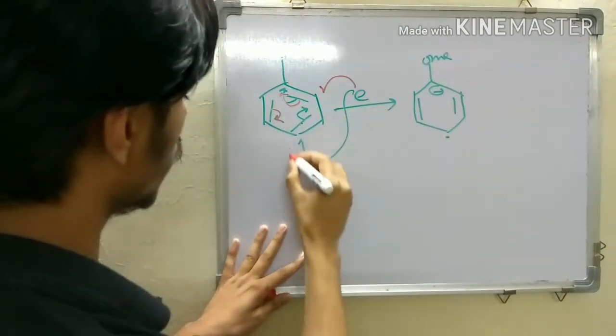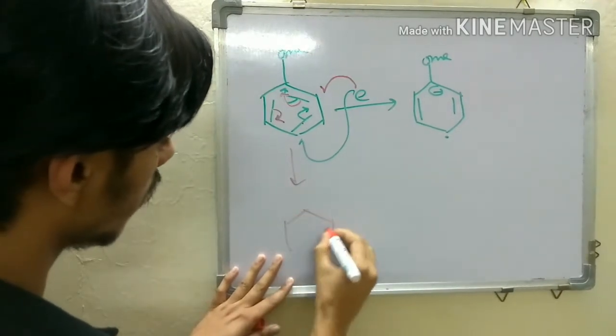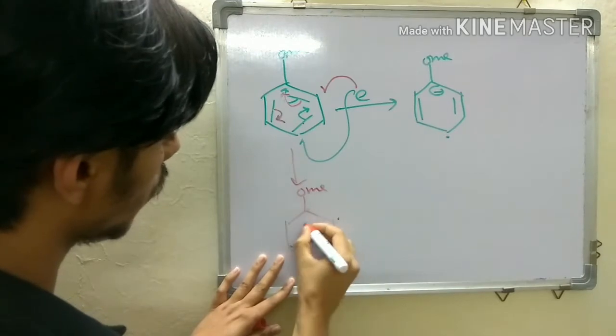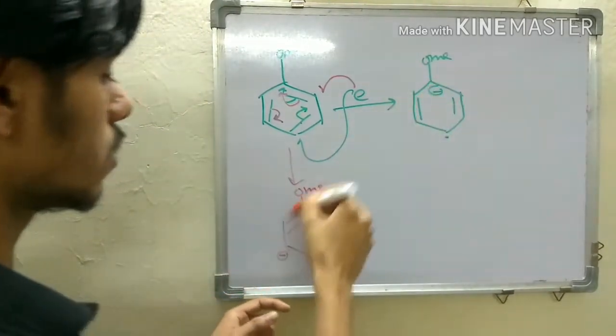So if I consider the red pathway, you are getting this particular case. Here you have the radical and this negative charge. Now you have to consider the stability of these two intermediates.